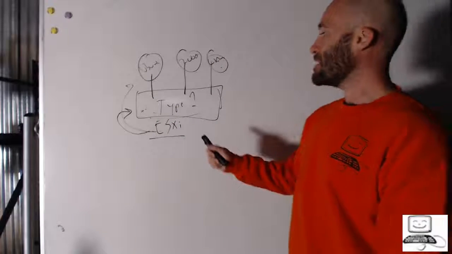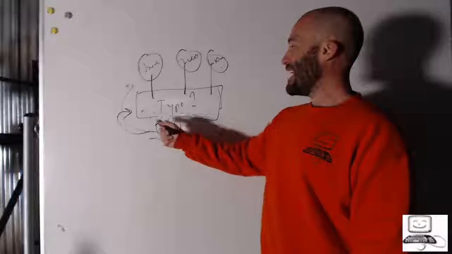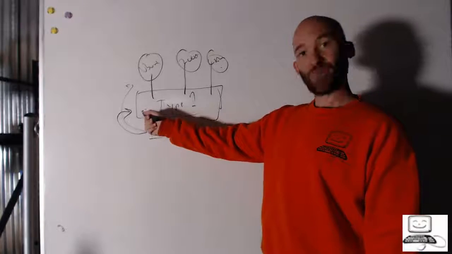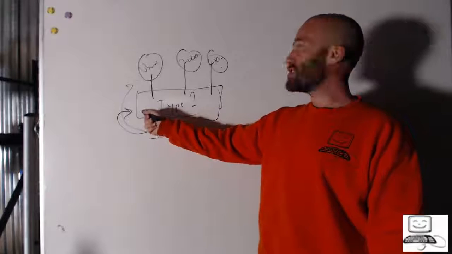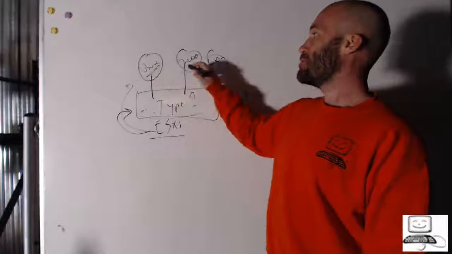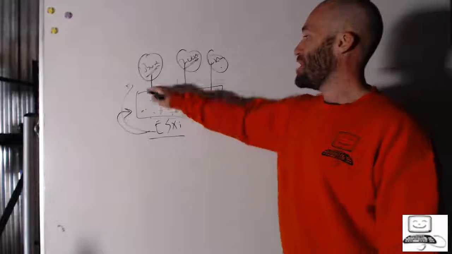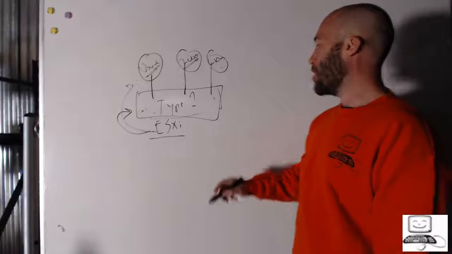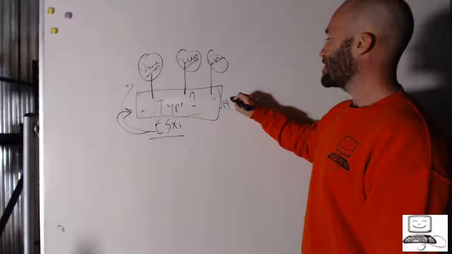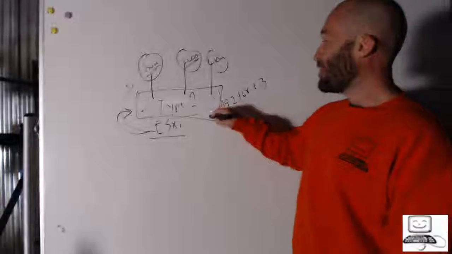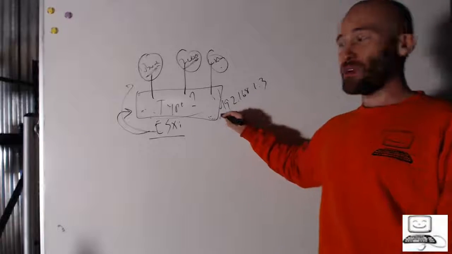Now the important thing to remember is that this ESXi virtualization hypervisor is a server just like the Ubuntu server is a server and just like the 2008 server is a server. So this box itself will get its own IP address. So today it's 192.168.1.3. So this box itself has its own IP address.